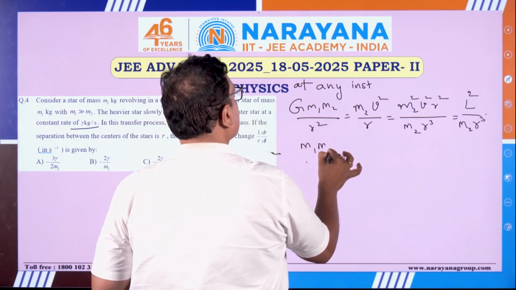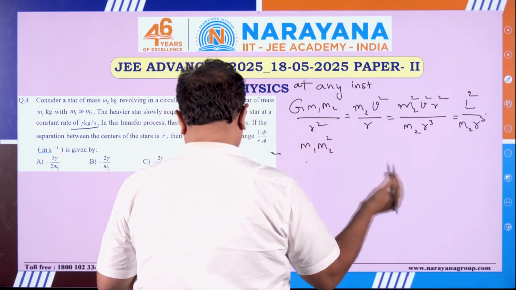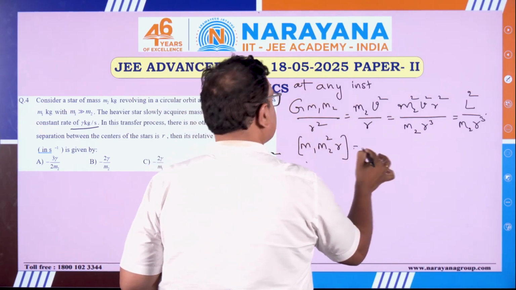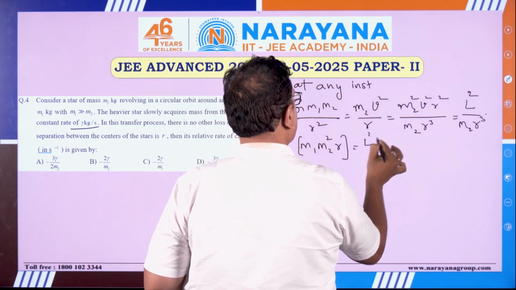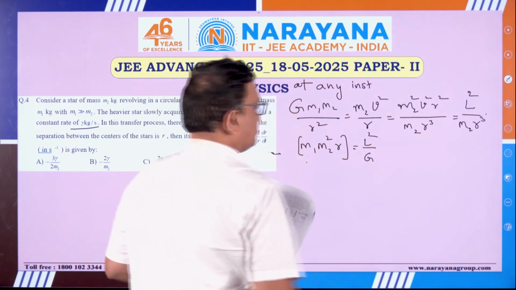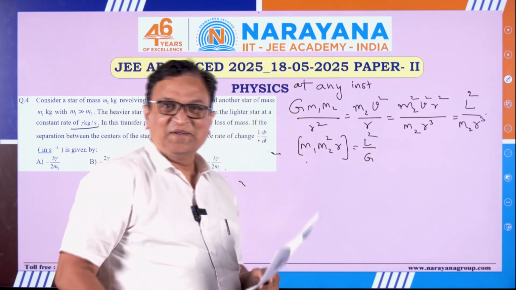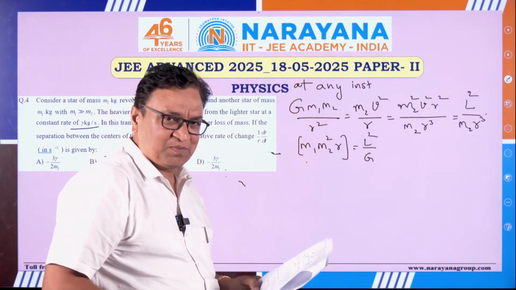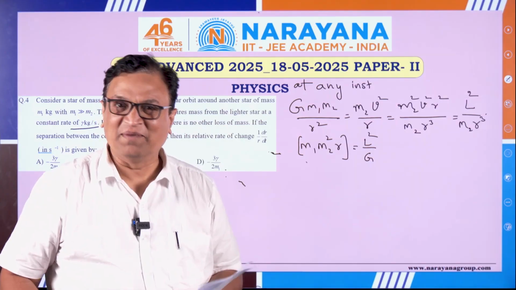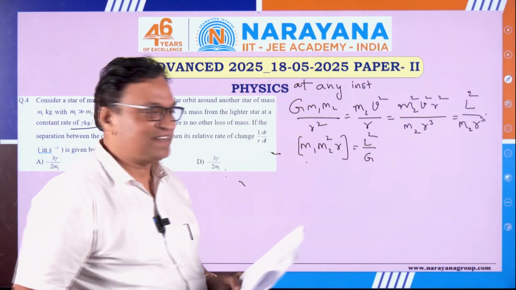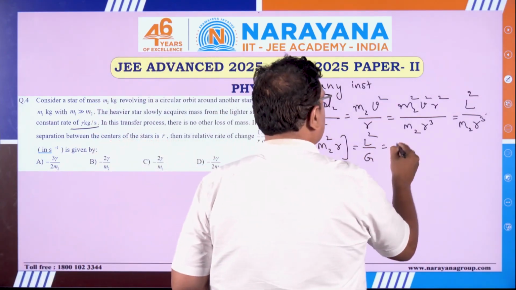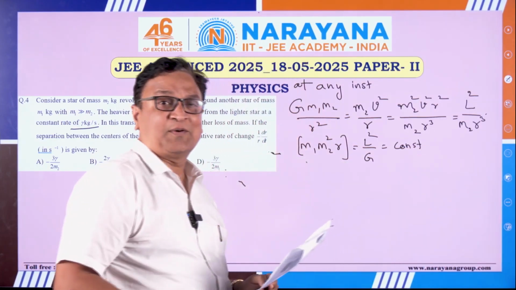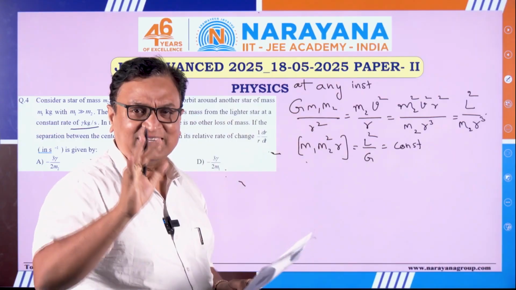M1 M2 square R balanced by L square by G. Why have I isolated L square by G? Probably you have got my meaning. That's a constant. Whatever happens to R, M2 or M1, the right side is a constant.